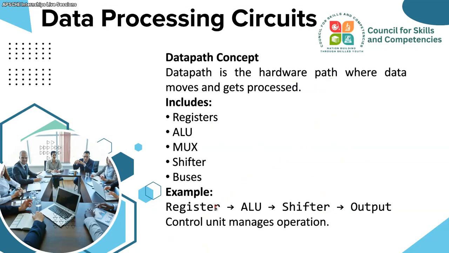It is nothing but the hardware path where the data moves. From the register level, if it wants to move into the arithmetic operation, you need some path. The path is nothing but a connection. That's it. That is the data path concept. But don't think of it as just a wire, though I described it in a small way like that. They have their own protocols. Please try to understand.